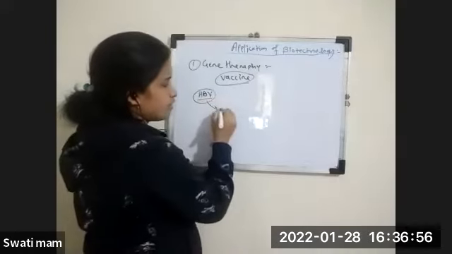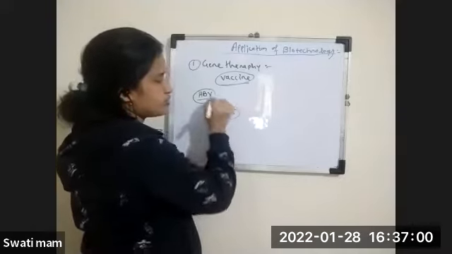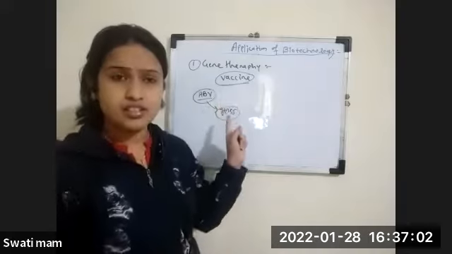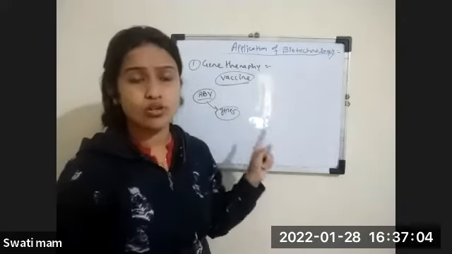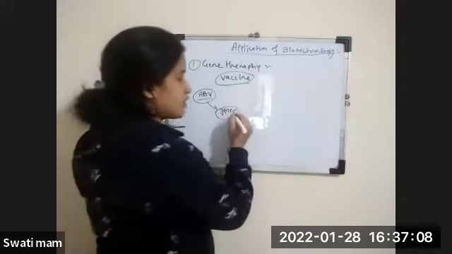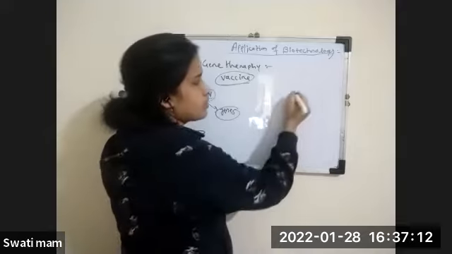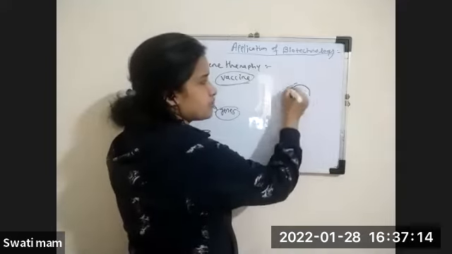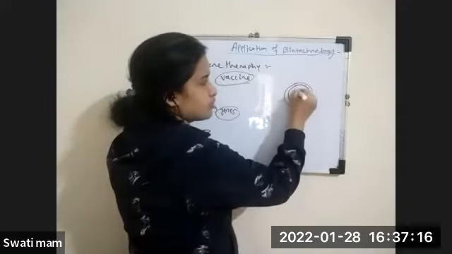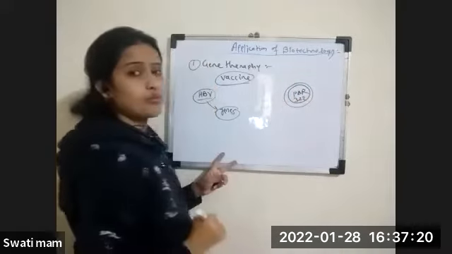We are taking the genes from that virus which causes hepatitis. Now we are inserting this gene into the plasmid. For example, this is pBR322. It is nothing but one of the plasmids.